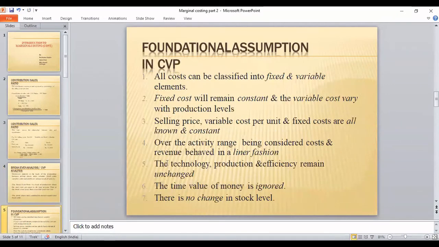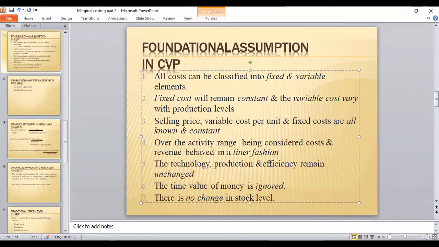Now there are certain assumptions. Some basic assumptions are there in cost volume profit analysis, CVP we call it. First of all, all costs can be classified into fixed and variable cost. Yes or no?